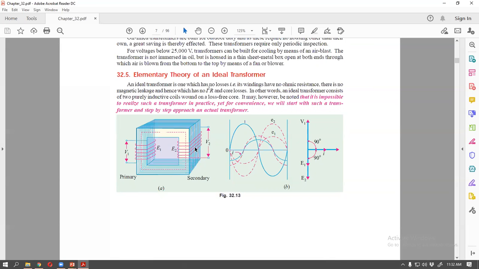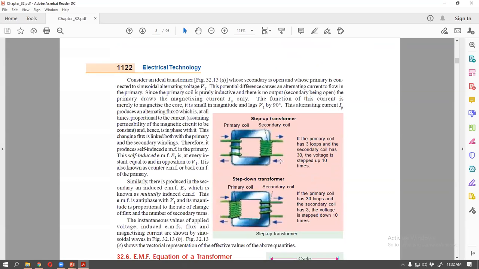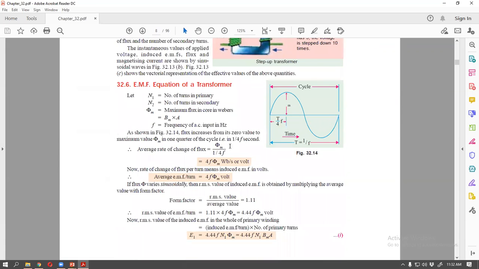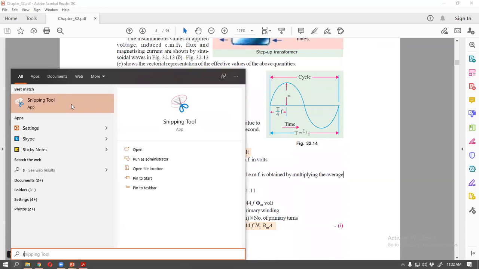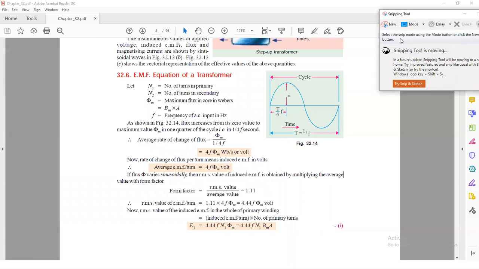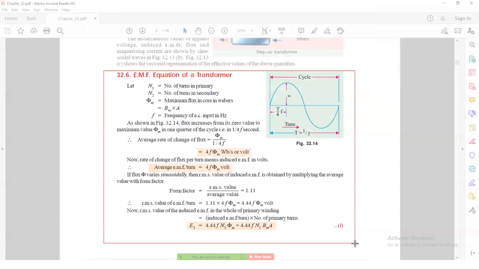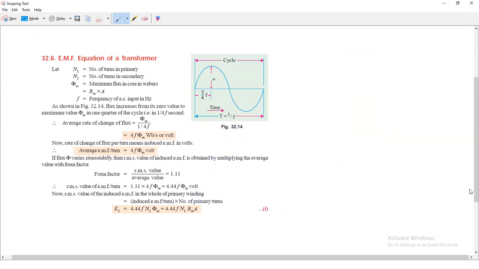There are the step up transformer and the step down transformer. So now a very important topic: the EMF equation of the transformer.